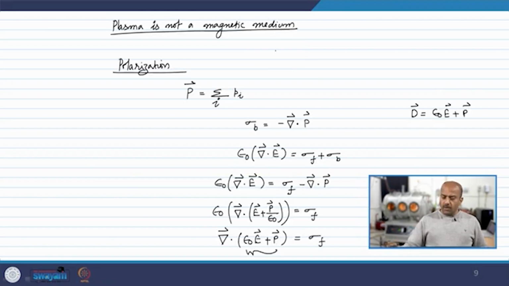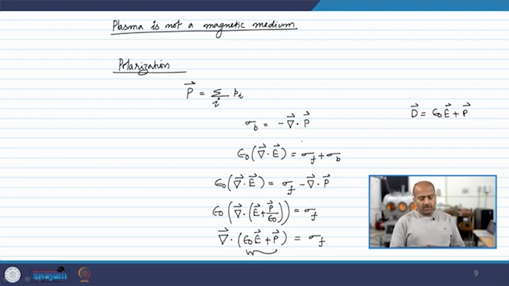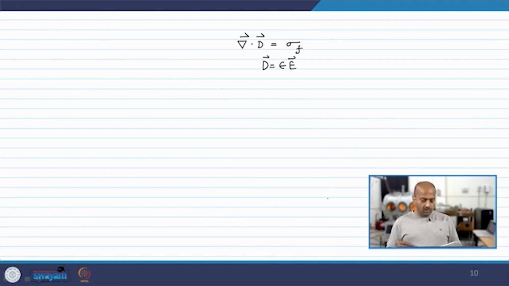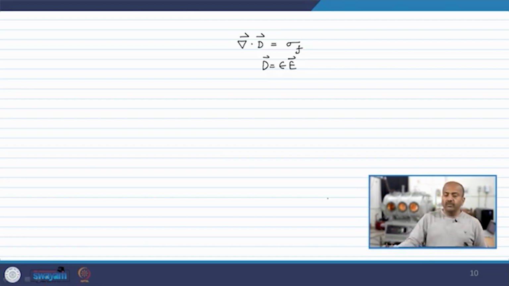We just look back. We wrote the Maxwell equation including the bound charge densities, and this bound charge density, which is expressed in terms of the polarization, simply absorbs all of this and gives you a simple equation which is del dot D is equal to sigma f. So, the divergence of the displacement field is equal to the free charge density, right.